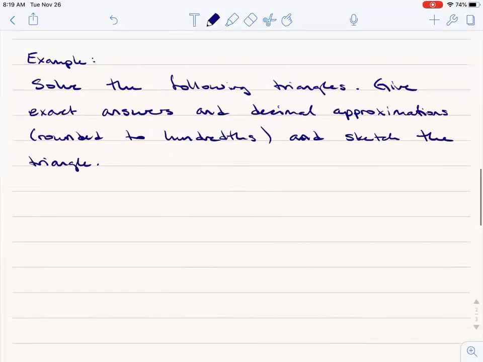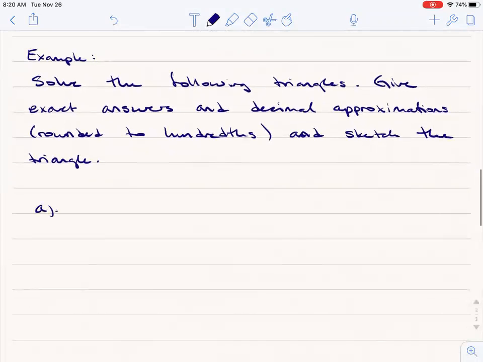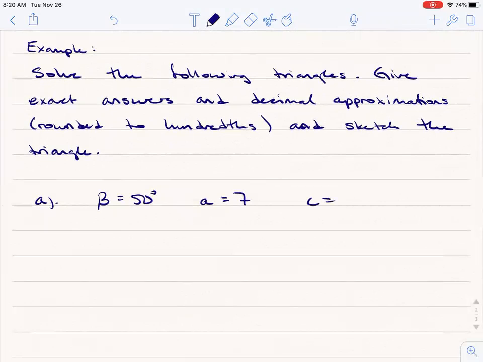So here, the first one we're going to do is we're given beta is 50 degrees, A is 7 units, it doesn't matter, and C is 2 units.